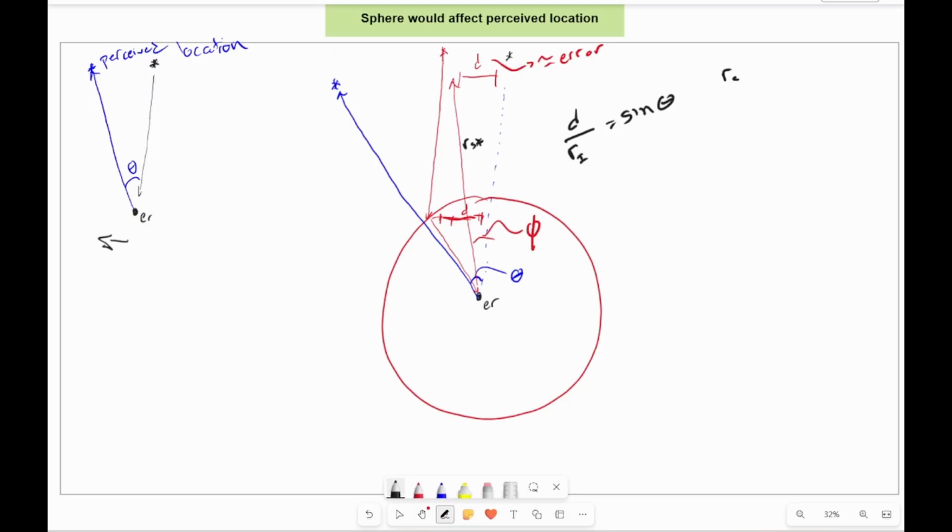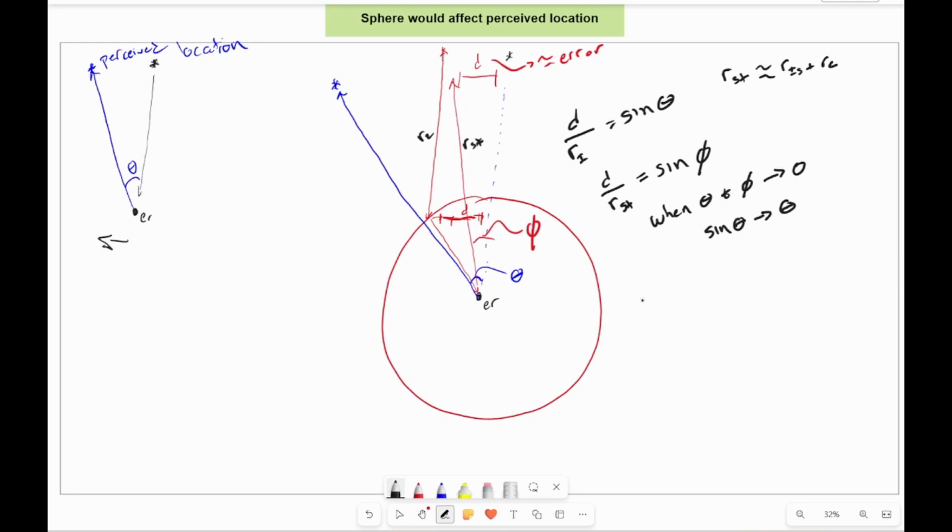And so the radius of the star St is essentially, because all these values are so large, the radius of the inertial sphere plus whatever R2 might be. And so d is also equal to the radius of the star. Now, one thing is when theta and phi approach 0, sine theta approaches theta.